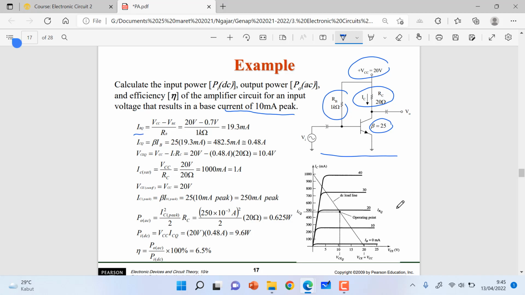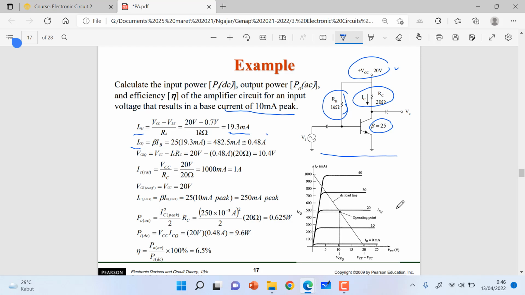IB Q is VCC minus VBE per RB. So VCC is 20 volt minus VBE, this is the silicon BJT, 0.7, per RB is 1 kilo ohm. So we can get the IB Q is 19.3 milliampere. And then IC Q, we can multiply the IB with the beta, 25.